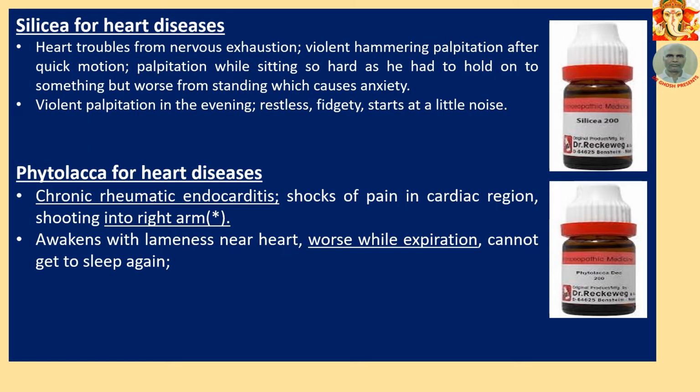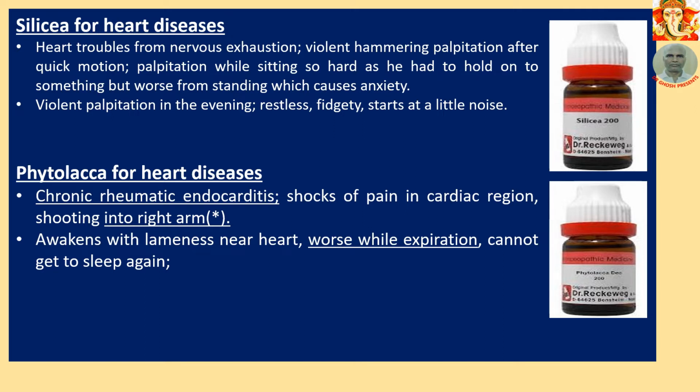Phytolacca for heart diseases, chronic rheumatic endocarditis, clear-cut symptom, endocarditis, shock of pain in cardiac region, shooting into right arm. I have given a star here because generally pain shoots in the left arm, here in the right arm. This is an uncommon peculiar symptom.